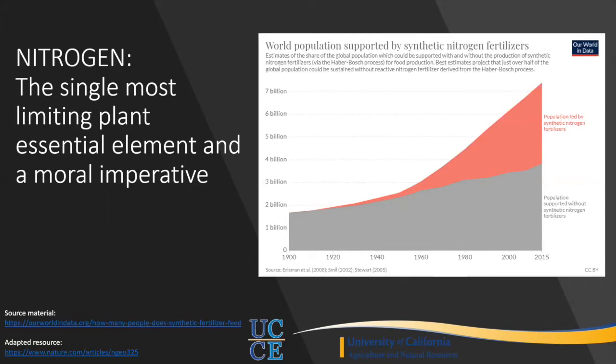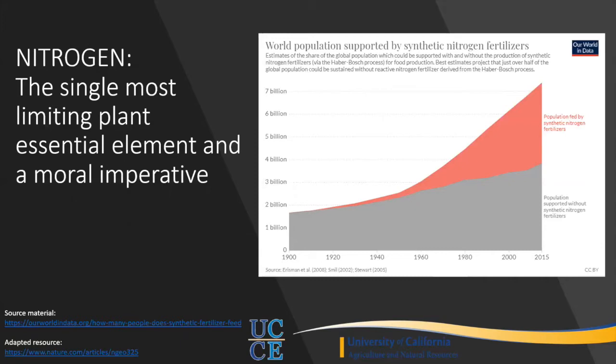This graph on this slide is a rather popular depiction of what the world that we live in today would look like had the Haber-Bosch process, a very innovative way of creating synthetic nitrogen fertilizer, never been invented.